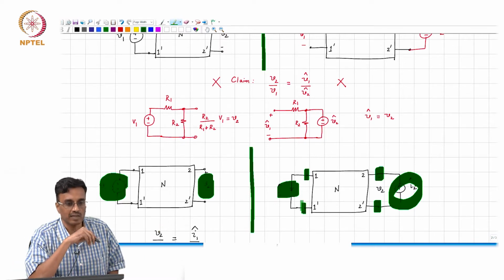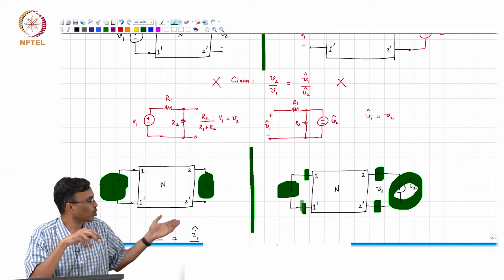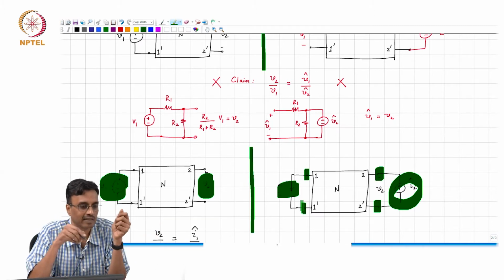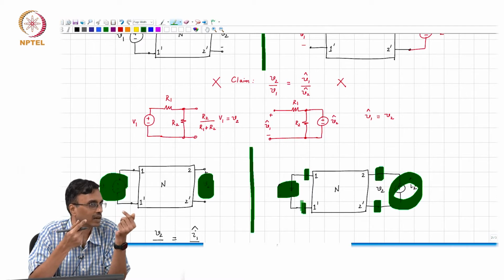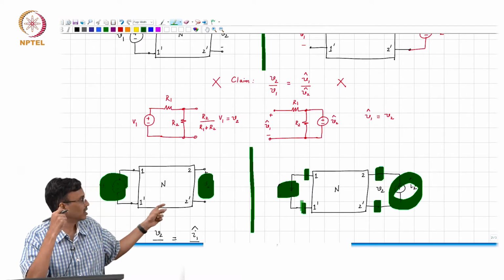This is not rigorous by any means, but this is some kind of mnemonic which will prevent you from making errors, because you don't want to sit and write Tellegen's theorem every time you want to find out whether the sign of this is positive or negative.